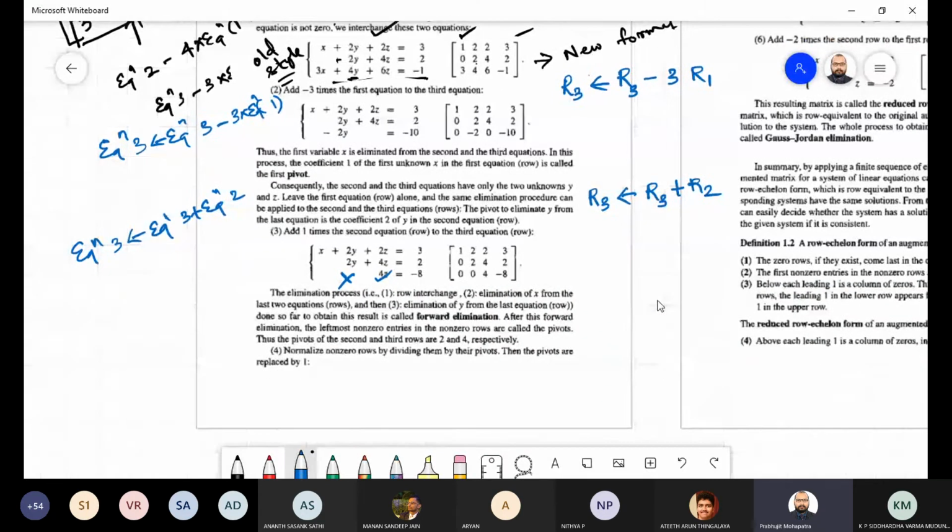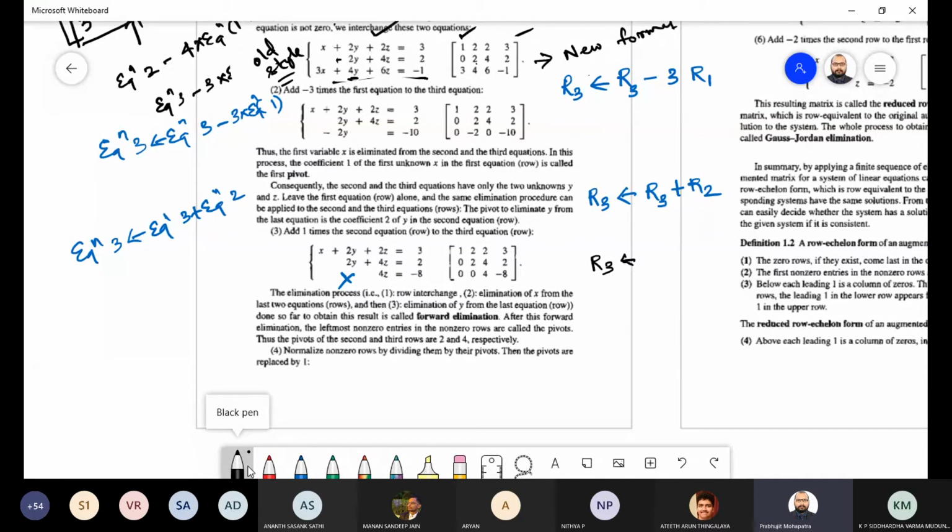But thing is that here 4z will be okay, or only z will be more comfortable. If you are having only z, then you can get the z value directly. Here 4z equal to minus 8 is written, so you can divide by 4. What operation can you write?